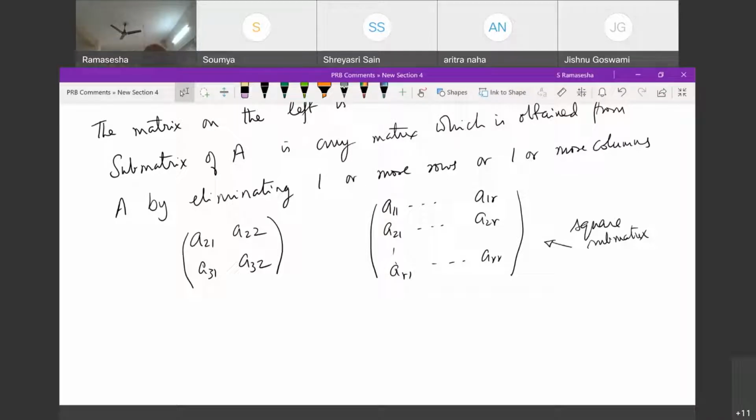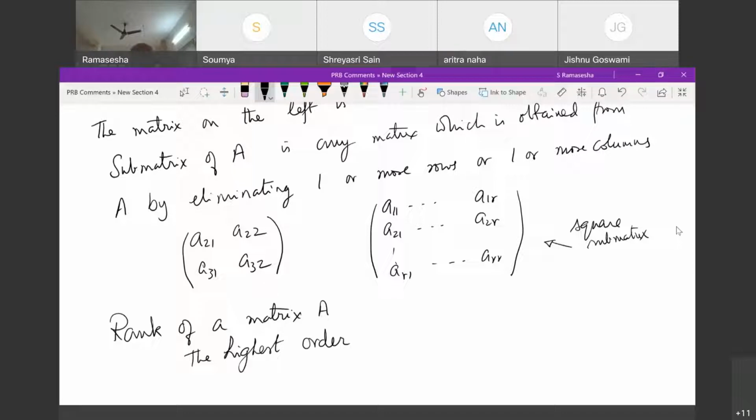Then there is what is called the rank of a matrix A. This is the highest order of the submatrix which is square and whose determinant is non-zero.